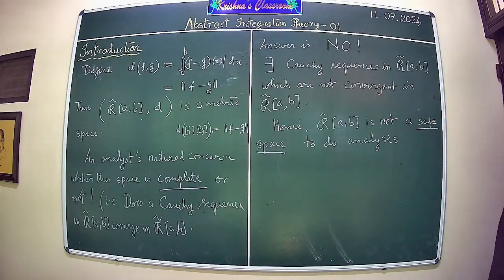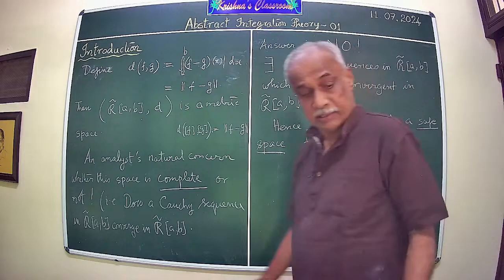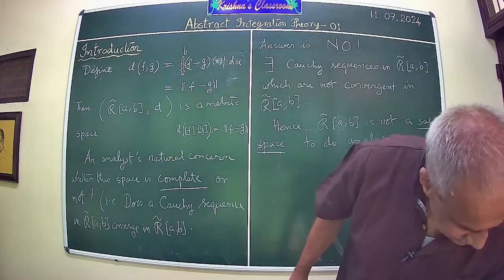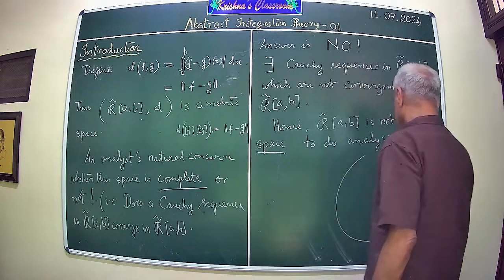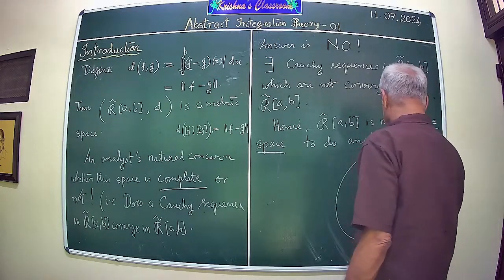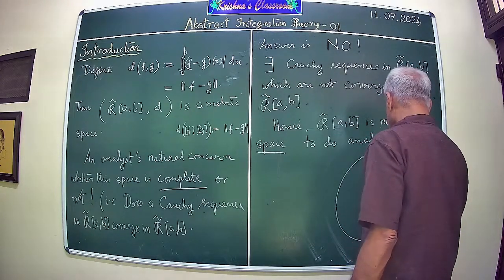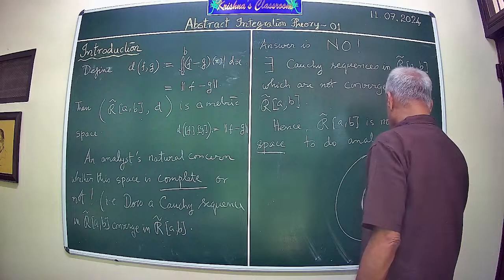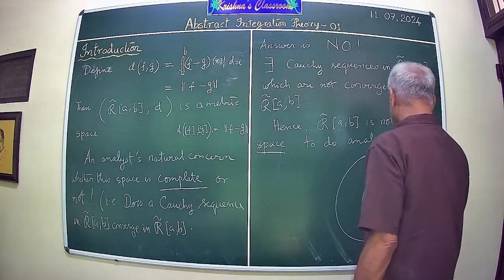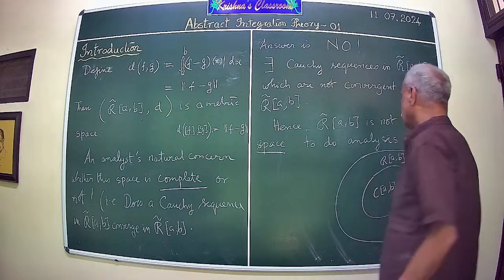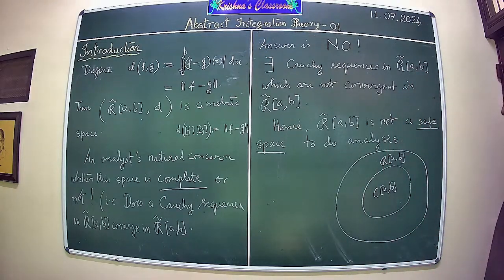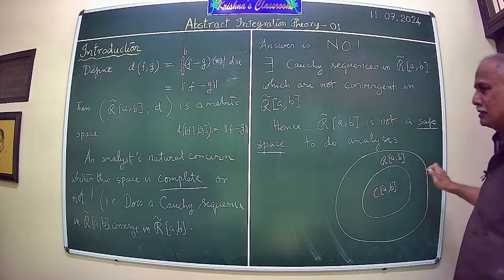Okay. So R[a,b] is not complete. In fact, you have this nice relationship. See? Take all continuous functions on the interval [a,b]. This is properly contained in R[a,b].